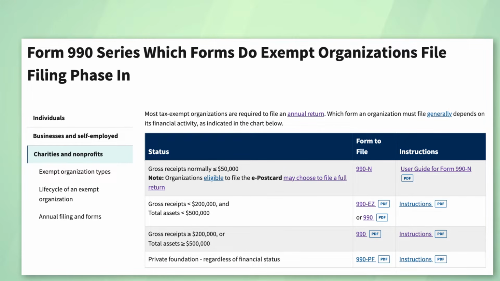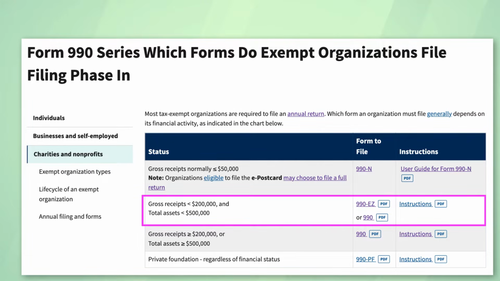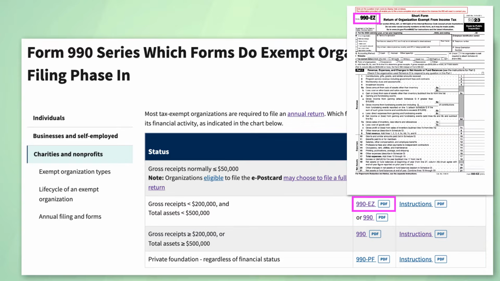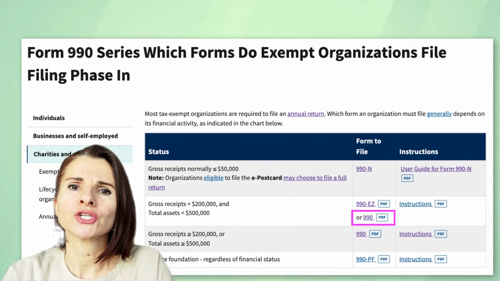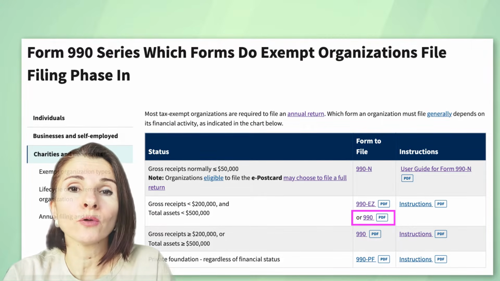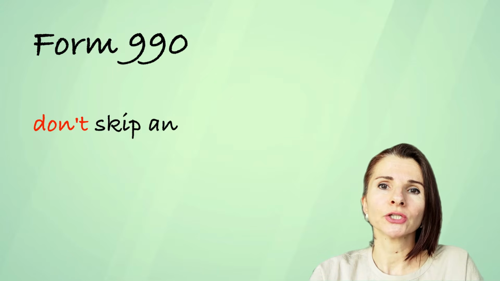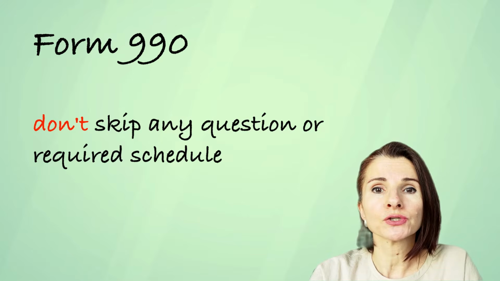Finally, small organizations that have both $200,000 or less in gross receipts and $500,000 or less in total assets can use the Form 990-EZ. Smaller organizations can choose to file a full return, but they must ensure they don't skip any questions or required schedules.